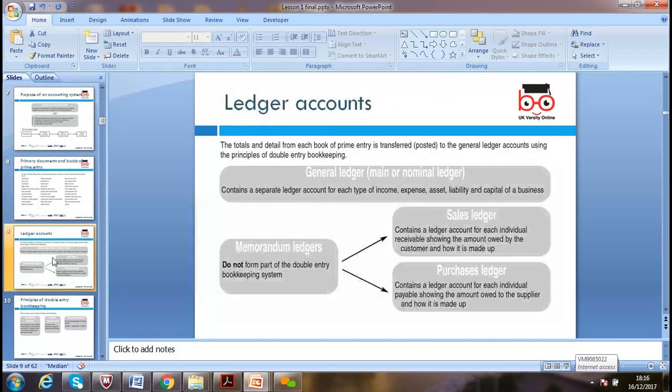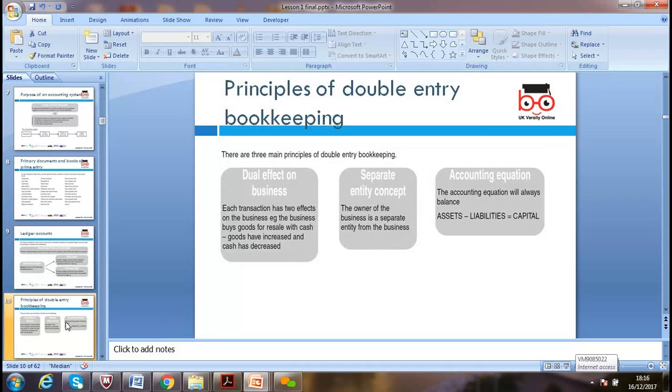Then a ledger is like a sales ledger or purchase ledger, where we put all the sales and purchases. And dual effect is like we discussed about debit and credit.